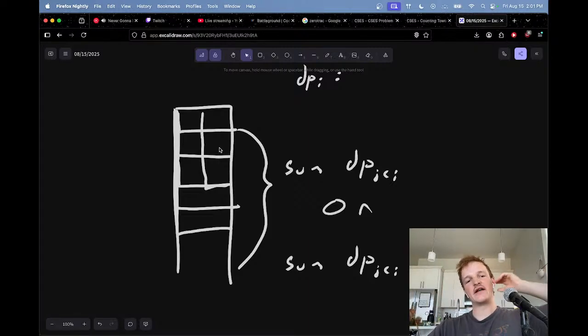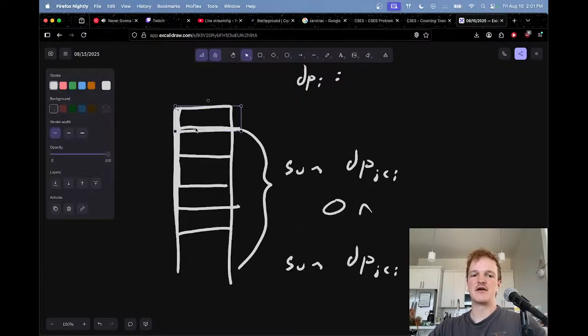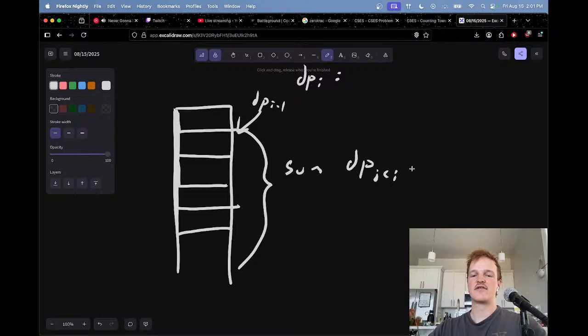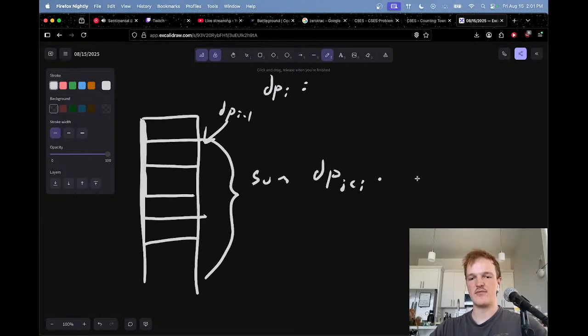Because I guess if you think about it, if you're placing this big block and then you're looking at dp at i minus 1, you could also have placed 2 small blocks and looked at dp at i minus 1. So I think a better way to say it is not place 1 big block or place small blocks. It's this times the number of ways there are to place blocks, which is just dp again.